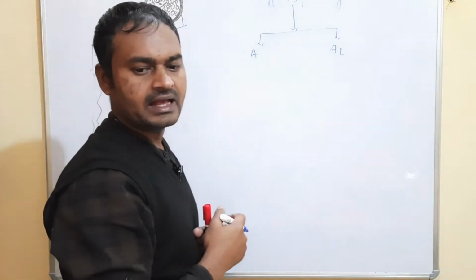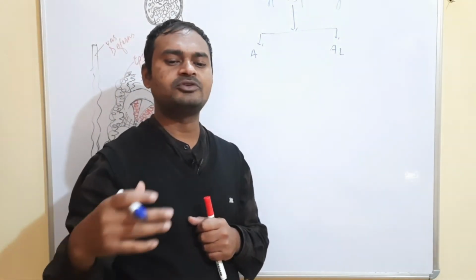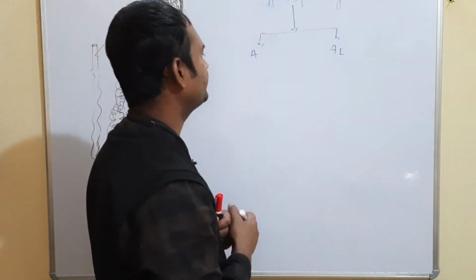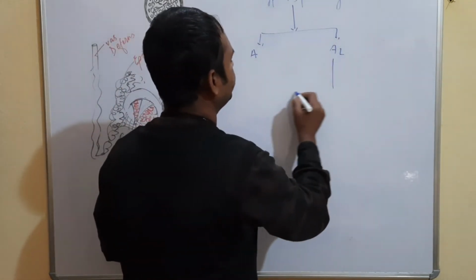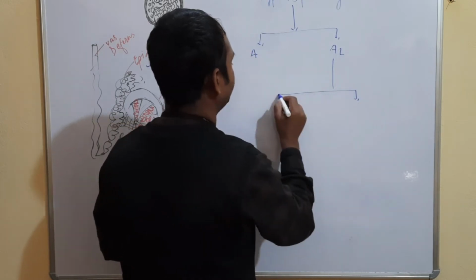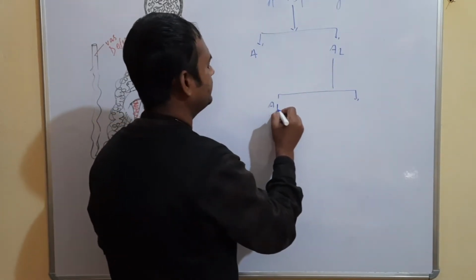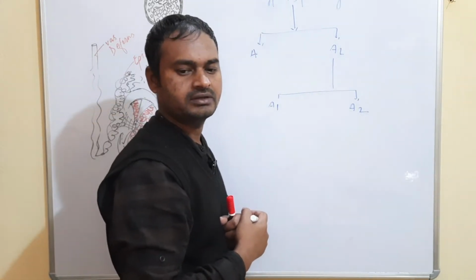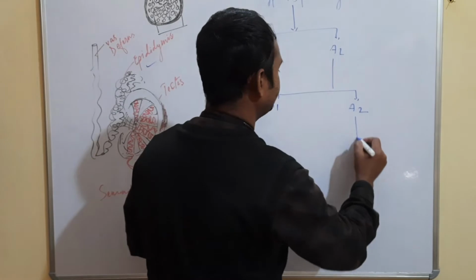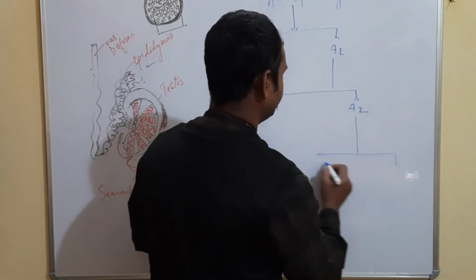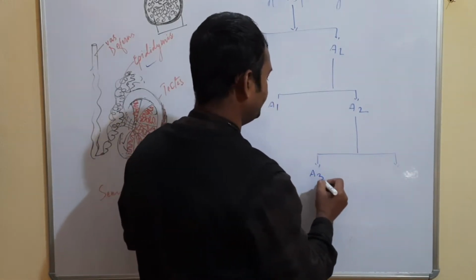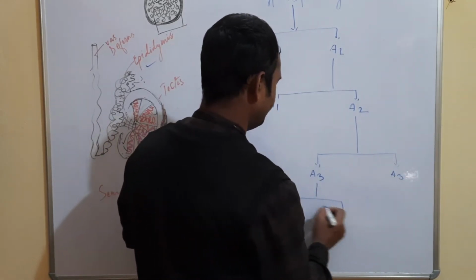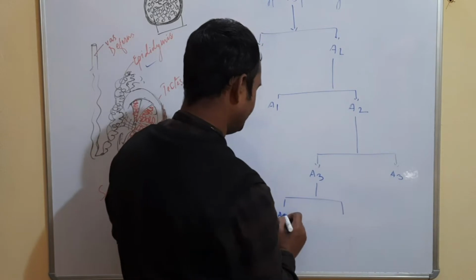After subsequent division, A1 will lead to the formation of A1 and A2. And thereafter, listen carefully, A2 to A3, and this A3 will lead to the formation of A4.